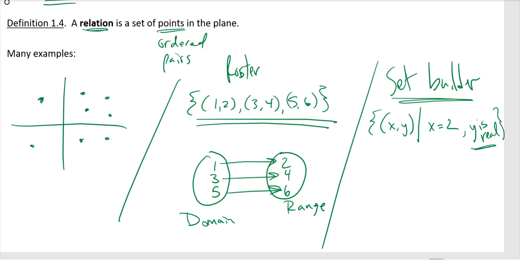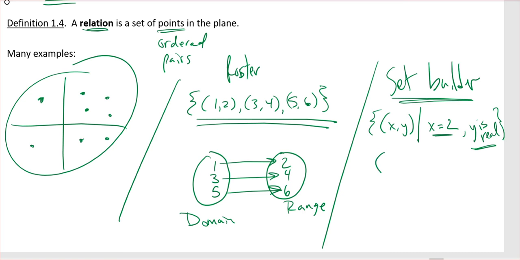So let's draw maybe a picture like we had over here. Okay, so any ordered pair that's in this set, we have to have x coordinate 2. And so we can make a list of some of these. So maybe 2, comma, and then y can be any real number we want. So I could choose 1, that's in there because 1 is a real number.